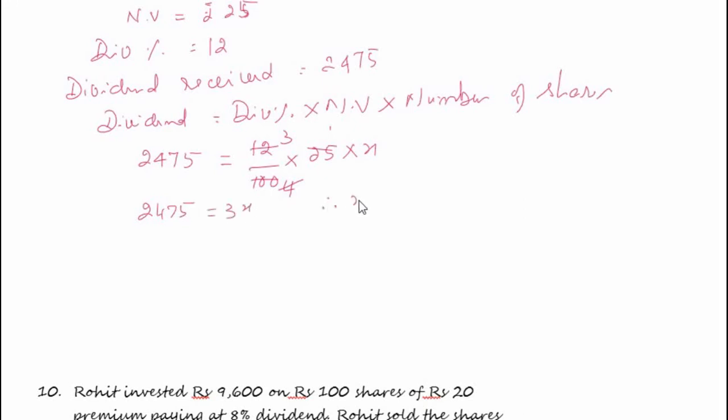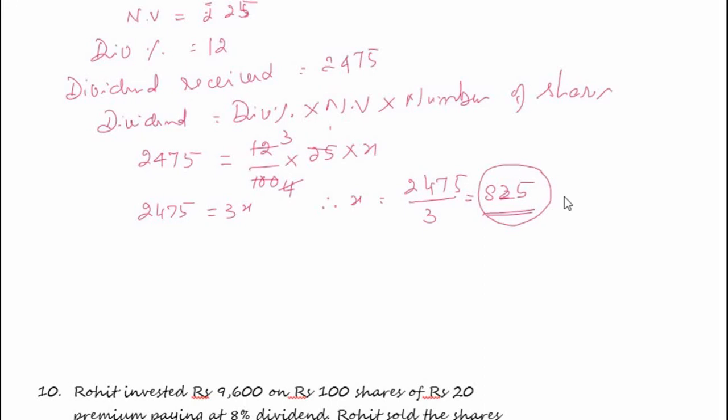Therefore x equals 2475 divided by 3. So the number of shares that he got here is 825.